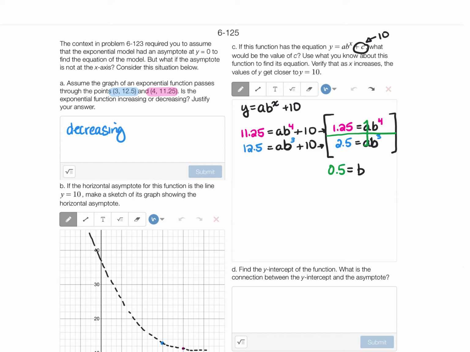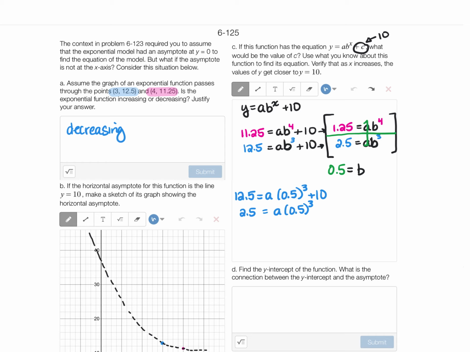Well, I'm going to plug that back into one of my original equations. It doesn't really matter, let's use the one with the smaller B exponent. So 12.5 equals A times 0.5 to the 3rd power plus 10. And we're going to solve that for A. So subtract 10 again from both sides. 2.5 equals A times 0.5 to the third power.